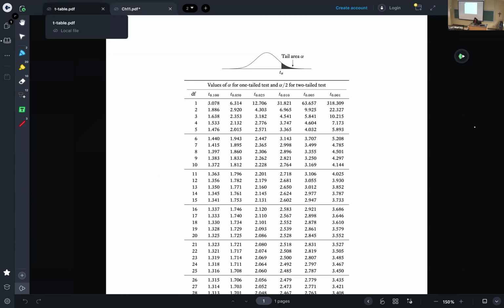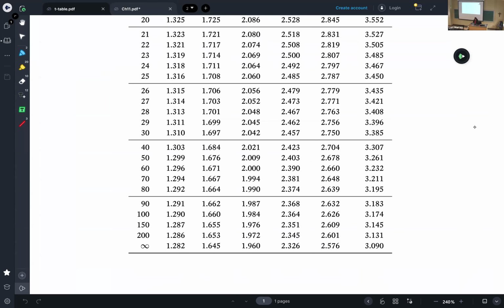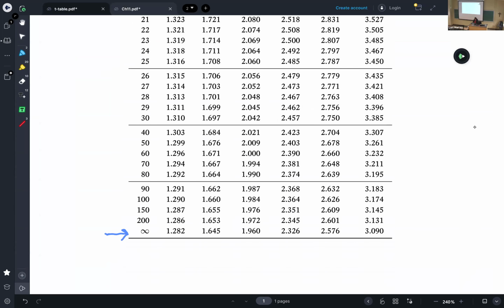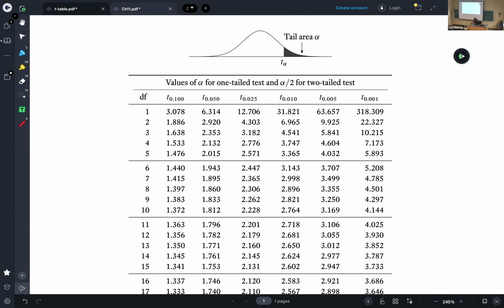If you look at the T table, I know we're not using T because we have our population variances, but this final row, this last row on our T table, is infinite degrees of freedom, which is really Z. So if you want a 95% confidence interval, it would be T subscript 0.025, because that means there's 2.5% in each tail.